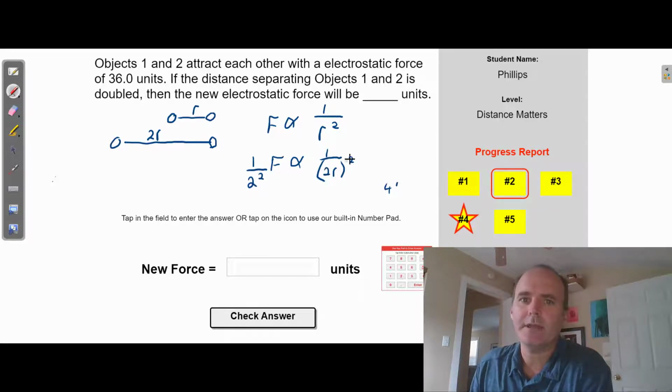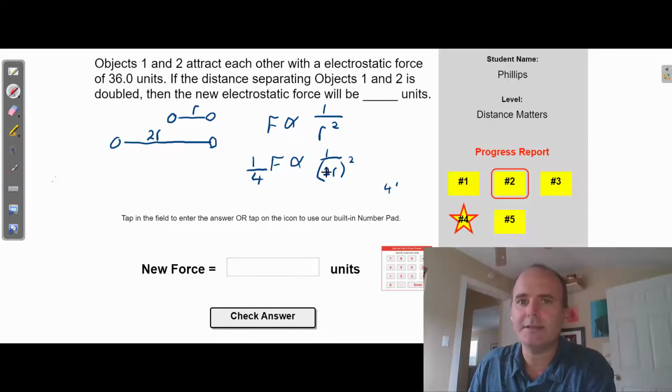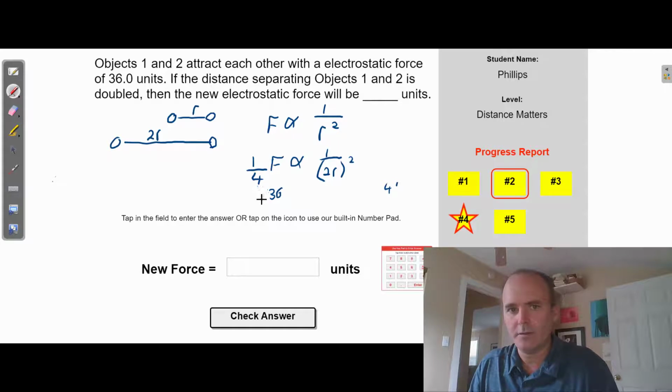So note that I have 1 over 2 squared, which is the same thing as 1 over 4. I don't know if you guys can see this, but see how this is 4? If I have divided by 4 over here, I have to do the same thing to this side. So this is going to give me 36 divided by 4, which is 9. Okay, so let's go 9 here.